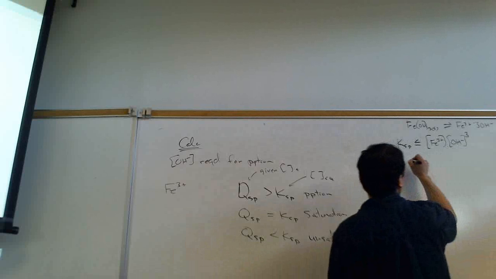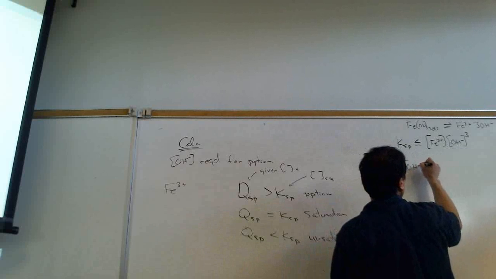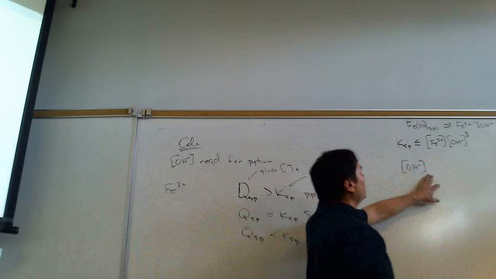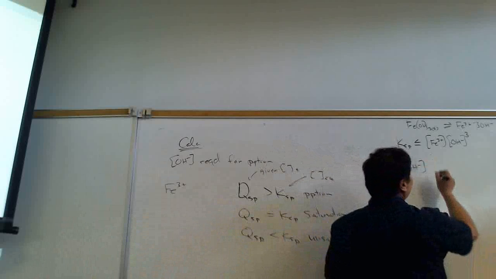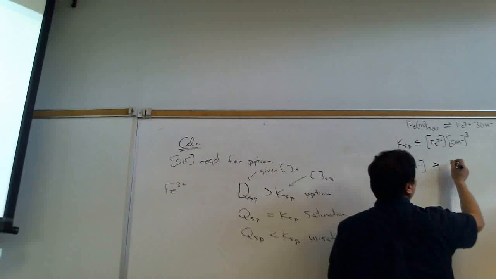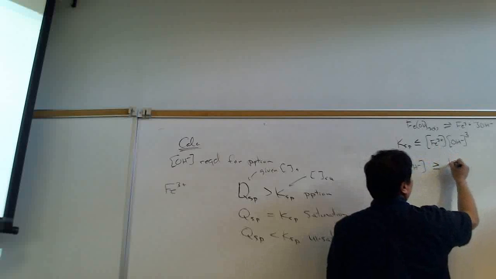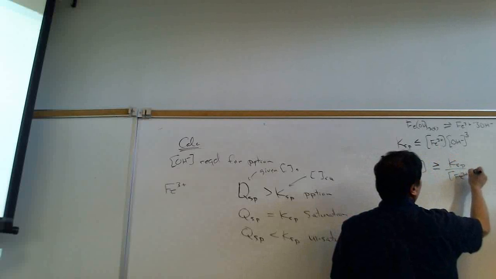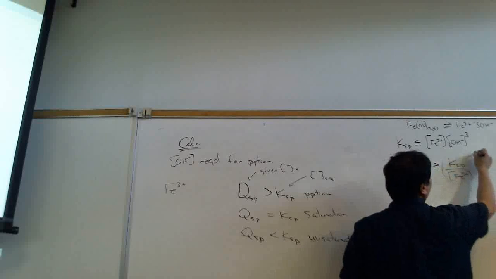And so that means, what is the hydroxide ion concentration required for saturation? The hydroxide ion concentration that's required has got to be greater than or equal to the KSP divided by the iron 3 plus, and we'll take the cube root of that.